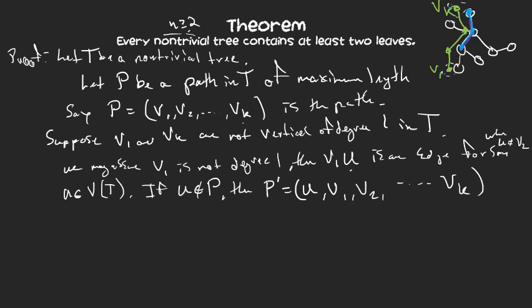And so that is a path of length more than P, right? I have one more edge. It would be a path of length k, and my original path is length k minus 1. So it would have one more edge, and that's a contradiction. I assumed that this path had maximum length, right? I picked the one of maximum length, which is a contradiction.